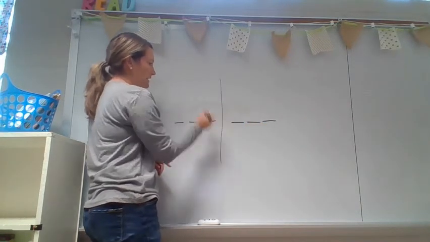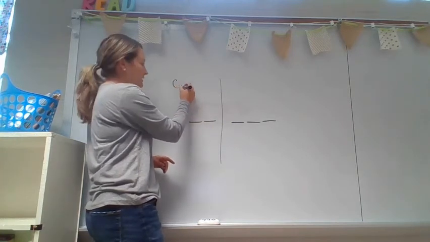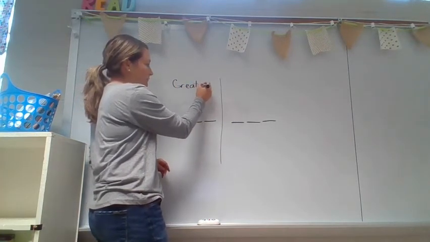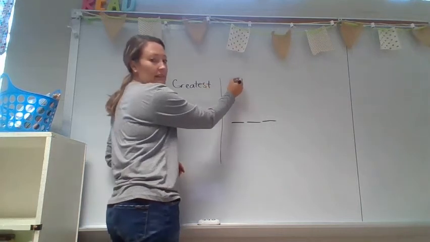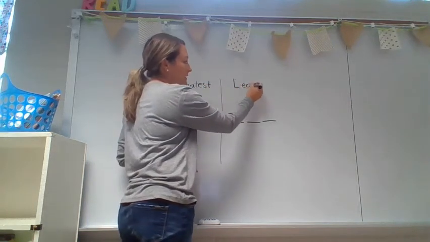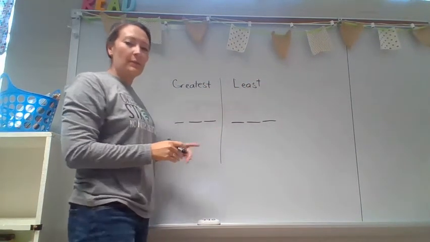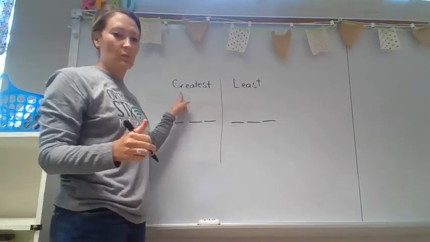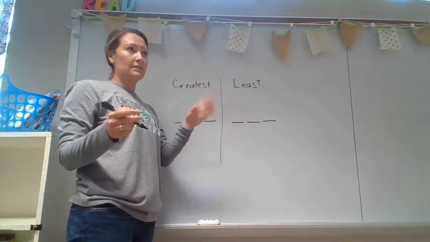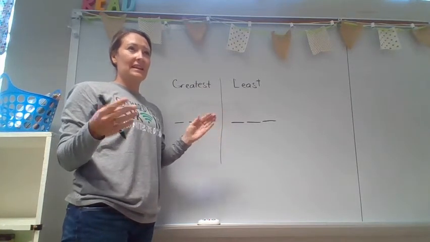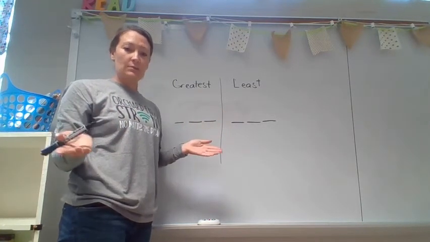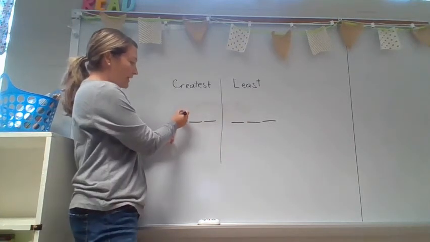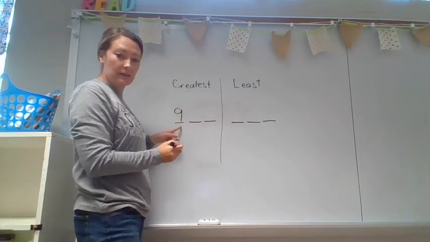So if I want to say this is the greatest, and then this one will be the least. So if I want to create a number as big as possible, I'm going to think about which digit is worth the most. Well, 0, 1, 2, 3, 4, 5, 6, 7, 8, 9, the digit 9 is worth the most. So I'm going to want that to be in my hundreds place.